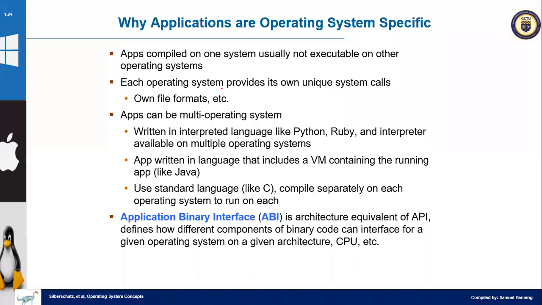So each of these operating systems has its own file systems, its own file formats, and the way the memory is arranged is different. Apps can be multi-operating system if the application is written in an interpreted language like Python or Ruby. These are not normal programming languages, they are interpreted. That means they are just executed as they are.